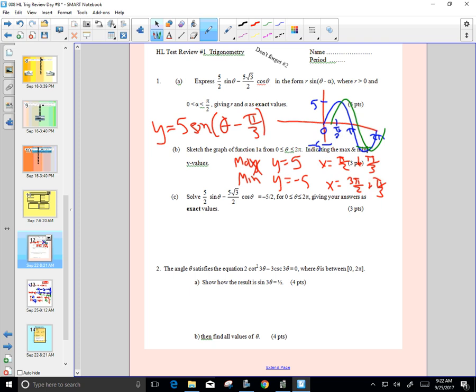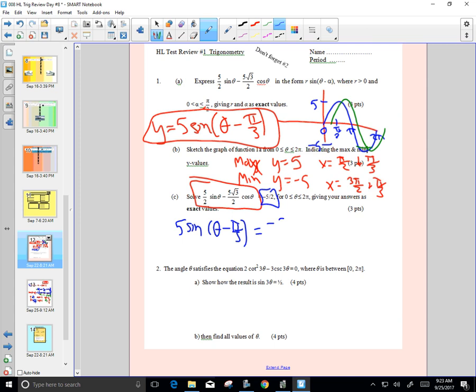All right, now it says, ooh, solve. Oh, this is a great problem. No, not a great problem. You're supposed to solve this thing, set it equal to negative 5/2. Well, the way it is, it's horrible, but if you replace it with 5 sine theta minus pi over 3, and then set it equal to negative 5/2, what could you do to both sides that would make your life great?